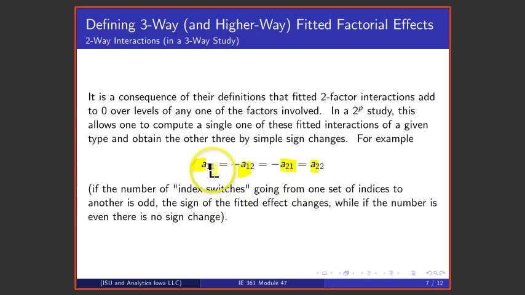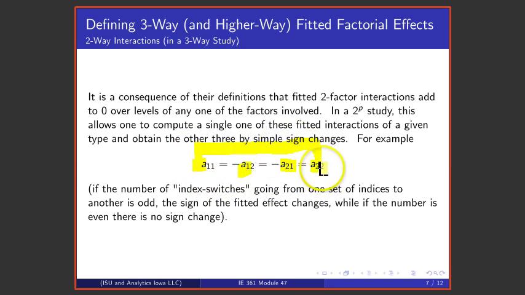AB11, I switch one index from a 1 to a 2, so I have to change a sign. I go from here to there by changing one index, so I change the sign, and then I have to make two switches of indices to go from here to there, and so I get two.